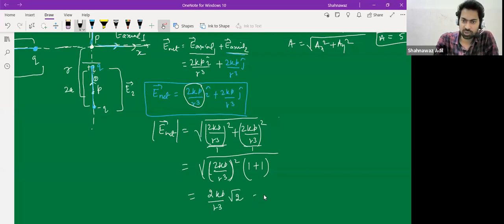So the magnitude is 2 root 2 kp by r cube.